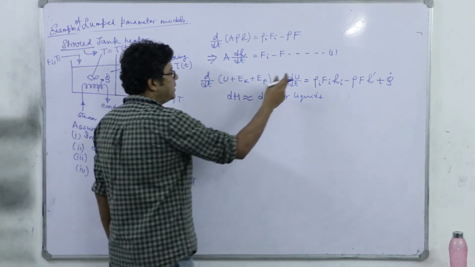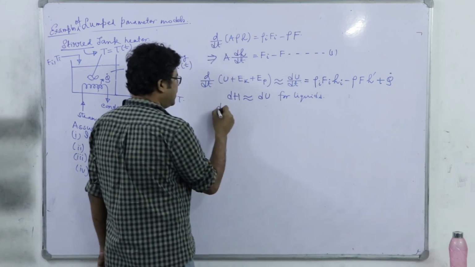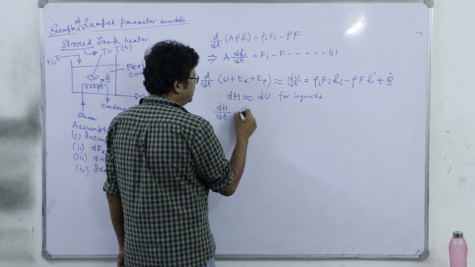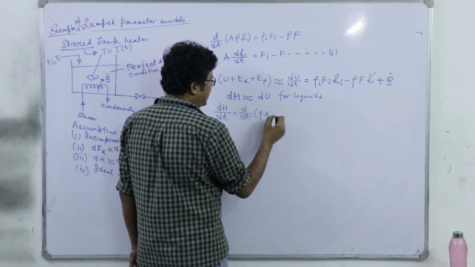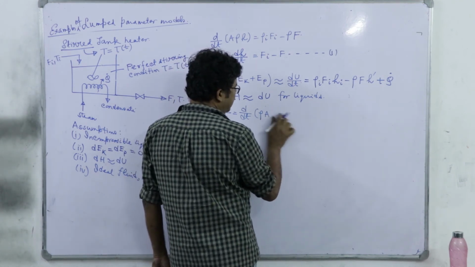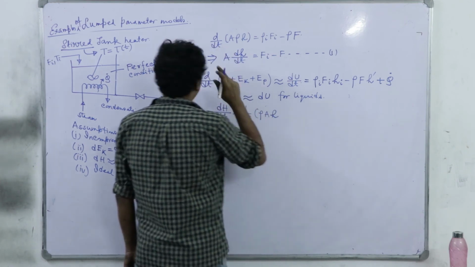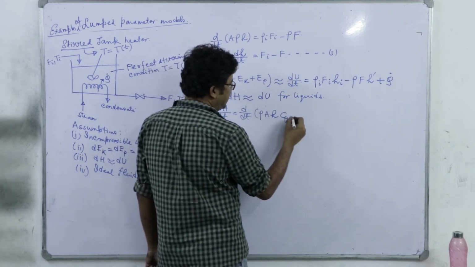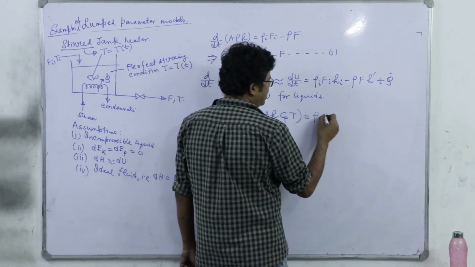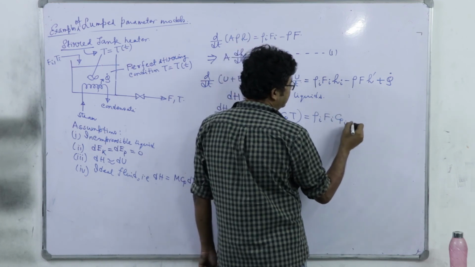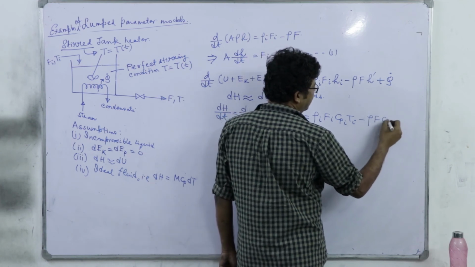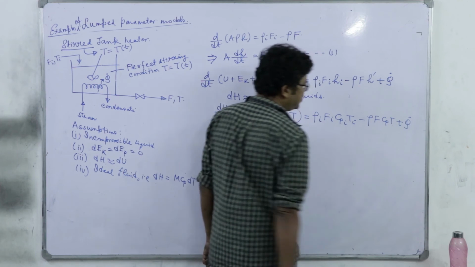So here d/dt of H, because dH and du are the same, is equal to d/dt of rho A h Cp T, where h is the level, that is the mass, into Cp into T, and that's equal to rho Fi Cpi Ti minus rho F Cp T plus Q dot.